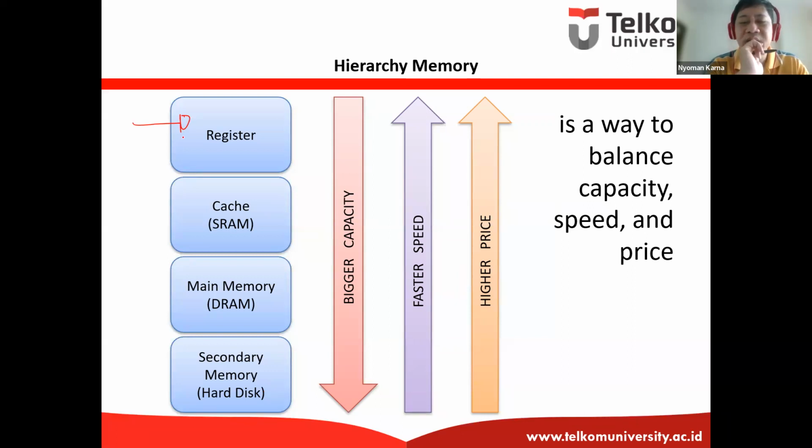No, we don't have the data. So we need to check the cache. Is the data inside the cache? No. The data that you asked for is not in the cache. Okay, so then we need to retrieve it from the memory.